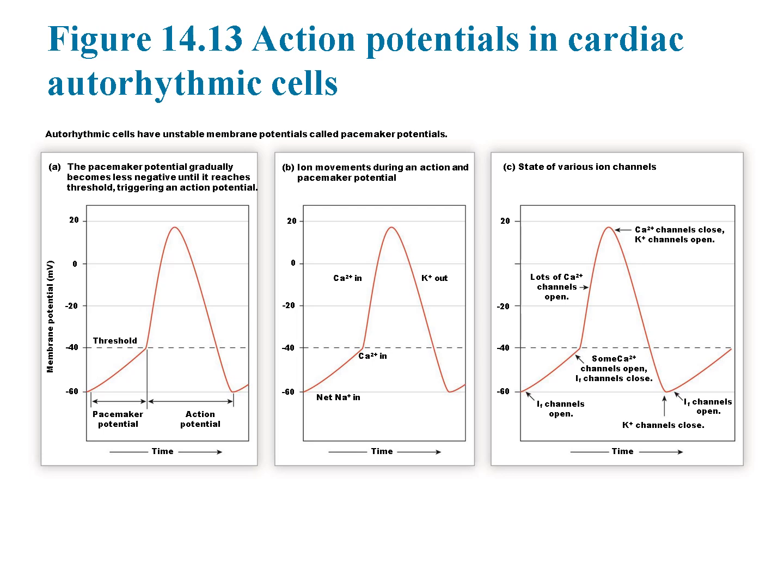At the peak, calcium channels close and potassium channels open, allowing potassium to exit and repolarize the cell. This rhythmic cycling of ion movement allows autorhythmic cells, particularly those in the sinoatrial node, to serve as the heart's natural pacemaker, ensuring a continuous and coordinated heartbeat.